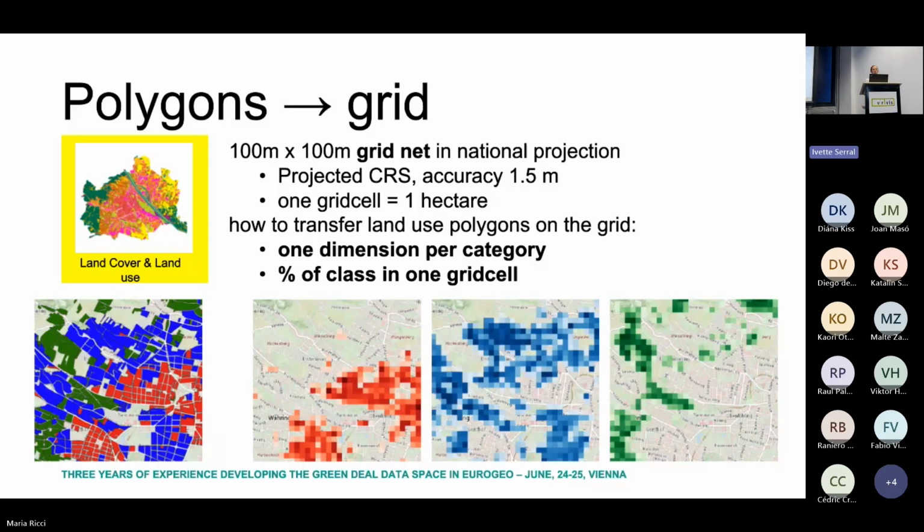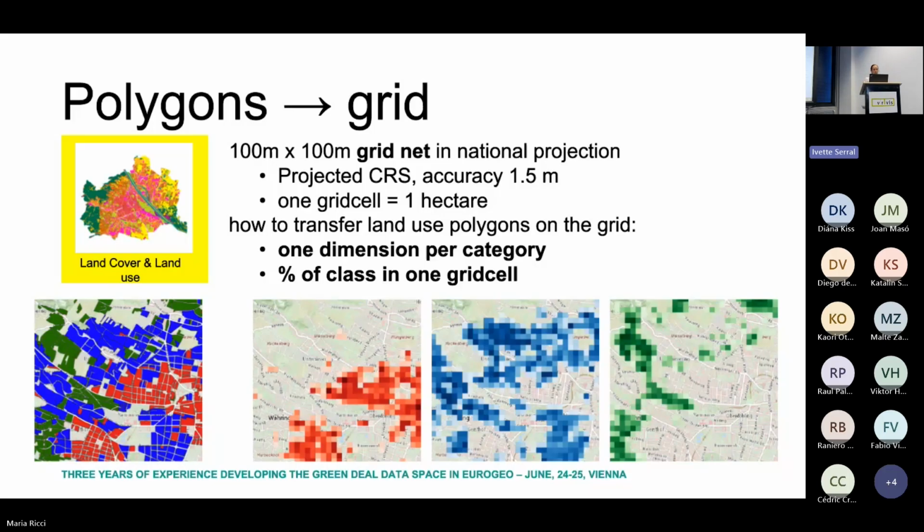So we decided to transform it into gridded data, into a data cube. The specifications of the data cube were 100 by 100 meter resolution in the national Austrian projection, which has an accuracy of 1.5 meter, and is in meters, so one cell would correspond to 1 hectare.